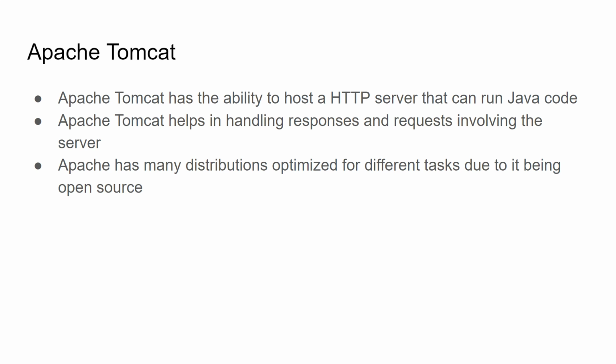The last topic is Apache Tomcat. Apache Tomcat has the ability to host a HTTP server on Linux that can run Java code, though it is cross-platform, so it can also run on Windows and Mac as well.